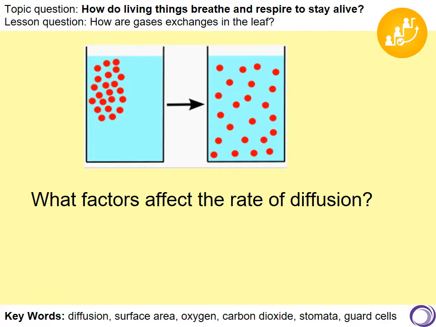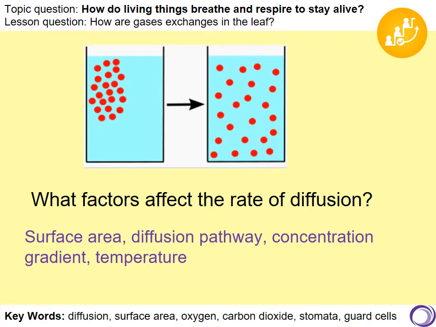Okay, so the kind of things that would affect the rate of diffusion is the surface area, the diffusion pathway, the concentration gradient, and the temperature.